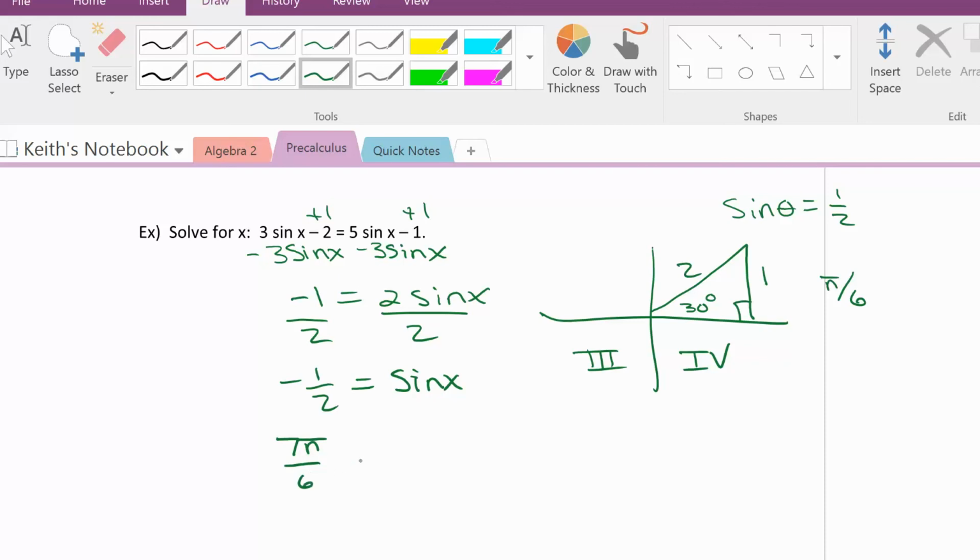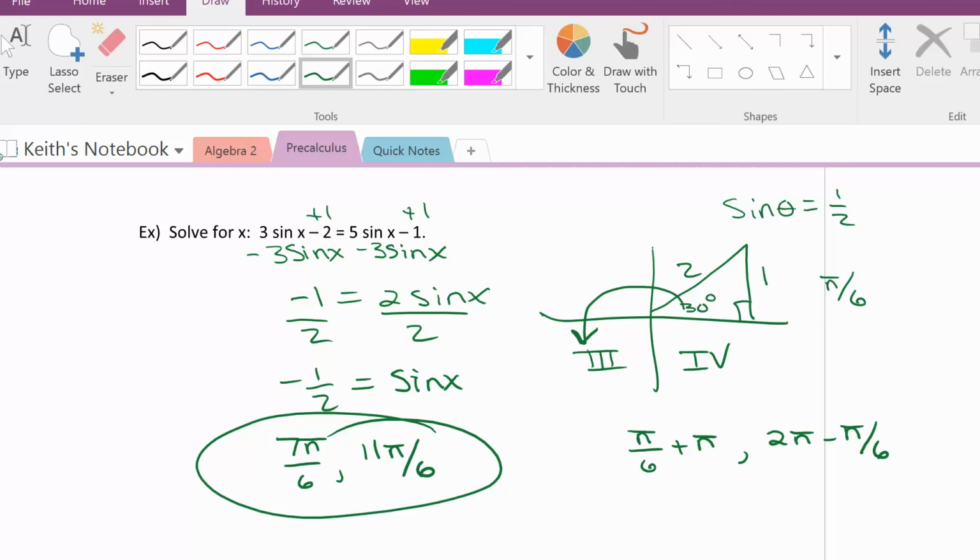And the fourth quadrant would mean that it is 11 pi over 6. Because in the third quadrant, you go the reference angle plus pi, so pi plus pi over 6 gives you 7 pi over 6. And in the fourth quadrant, you go 2 pi minus pi over 6, because it's 2 pi minus the reference angle, which is 11 pi over 6. So those are your two answers.